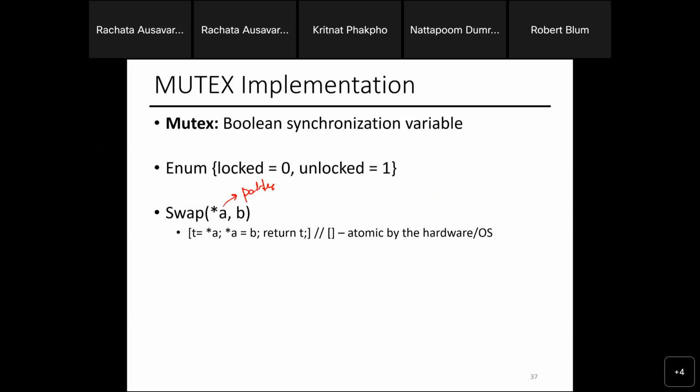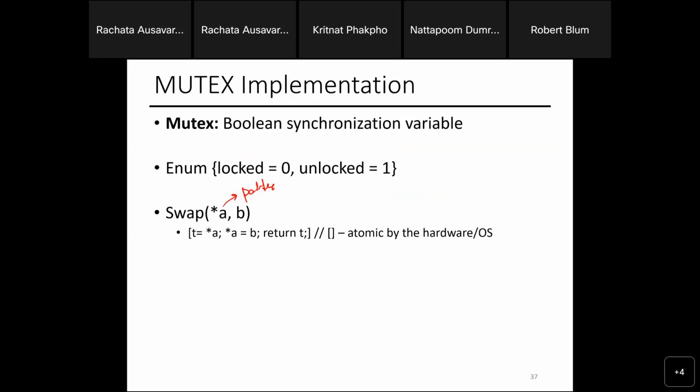If the OS or the hardware detects any weird thing like a parallel thread trying to access the same thing, one of them will finish, the rest will fail and redo it again. It basically keeps doing it until it succeeds.